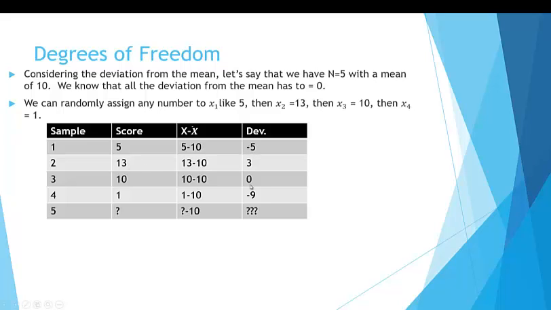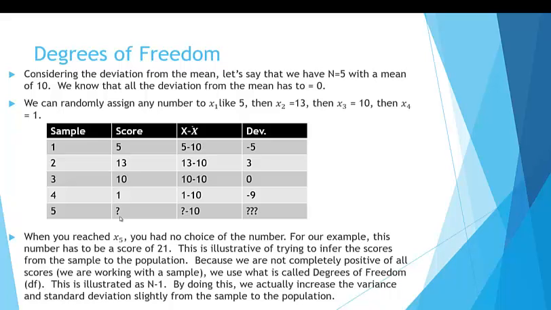What matters here is what goes in the last sample. Think of this in theory: because we know that our deviations from the mean have to sum up to 0, whatever we put in all the first samples, the last one is automatically set.